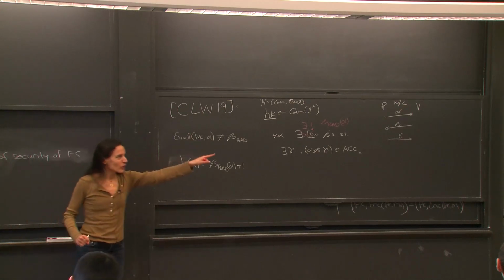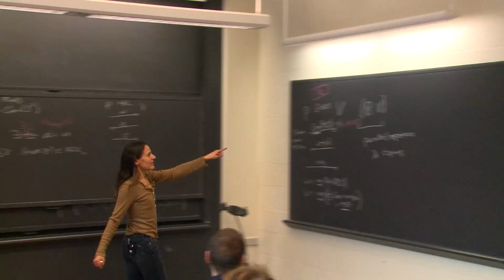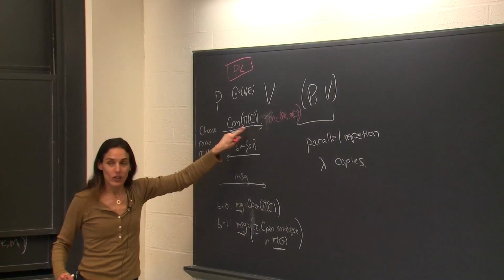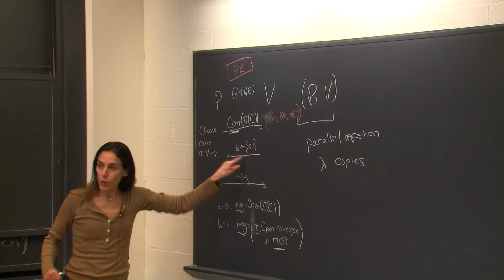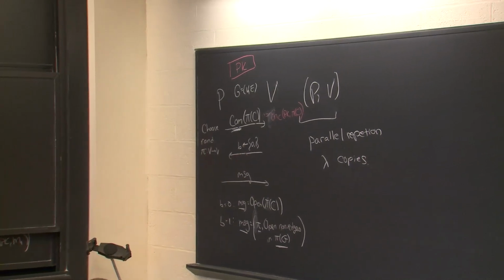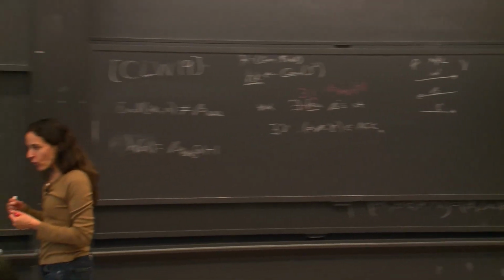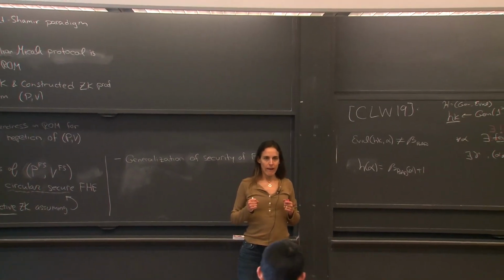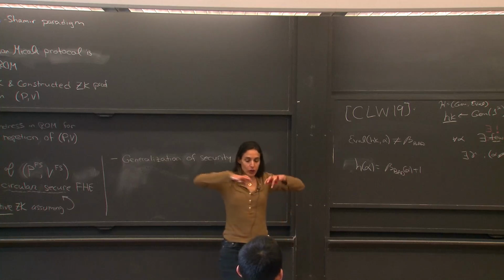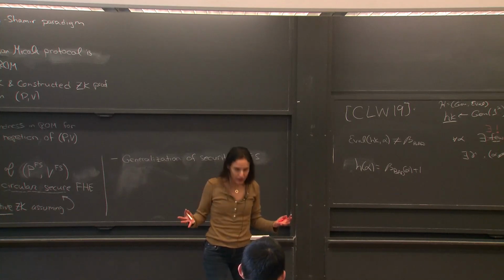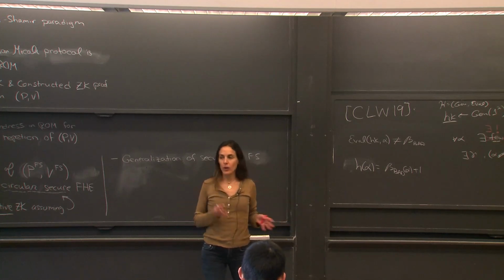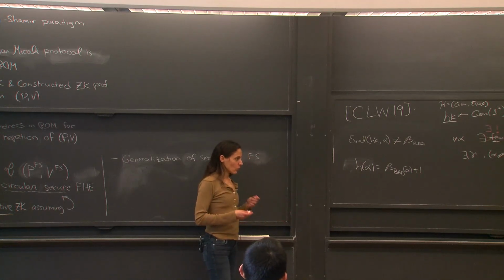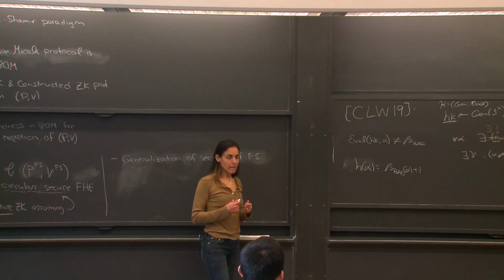So what I want you to remember about this commitment is that there's some trapdoor information with which you can open it, in that case open the encryption, and then you know where the ones are, and that will help you decide where the bad B lies.